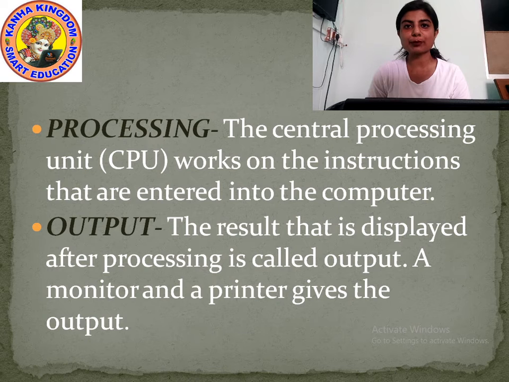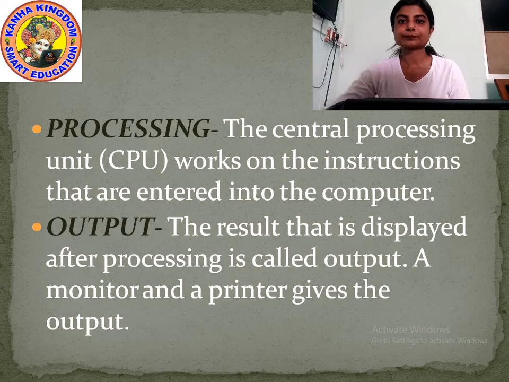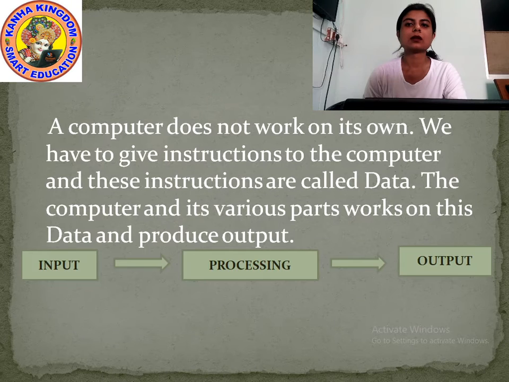Now let us study the next point. How does a computer work in detail? Students, what is written, see? A computer does not work on its own. We have to give instructions to the computer, and these instructions are called data.